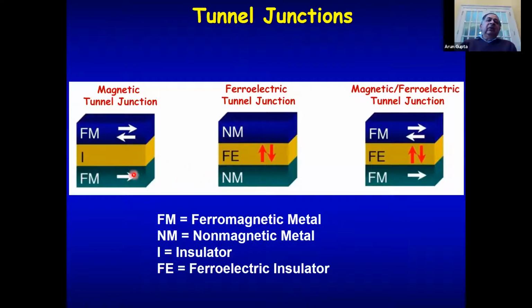Instead of using ferromagnetic layers, we can also use non-magnetic metals for the electrodes and separate them by a ferroelectric layer. And by changing the polarization of this ferroelectric layer, again, we can store information, memory information in this type of device. And finally, by using a combination of ferromagnetic and ferroelectric layers, we can make multiple state memory devices by changing both the magnetization and the electric polarization of the barrier layer.